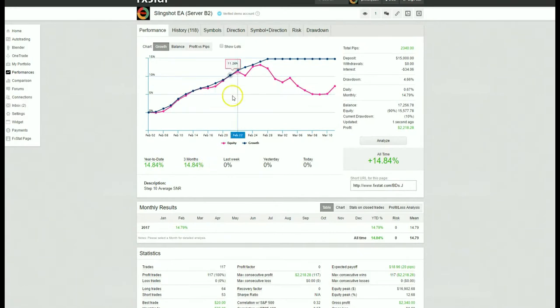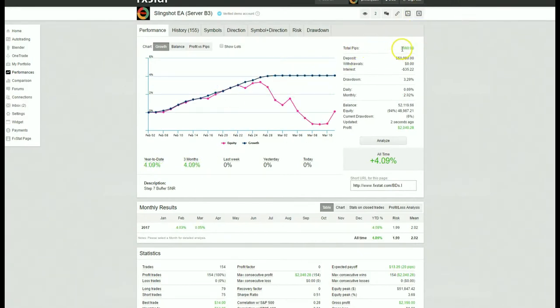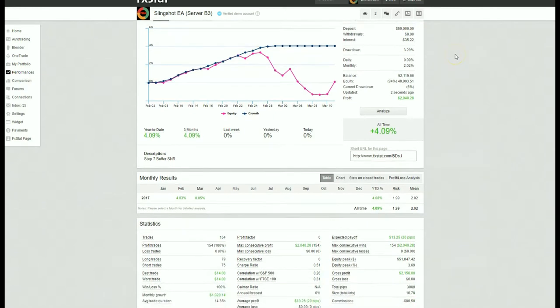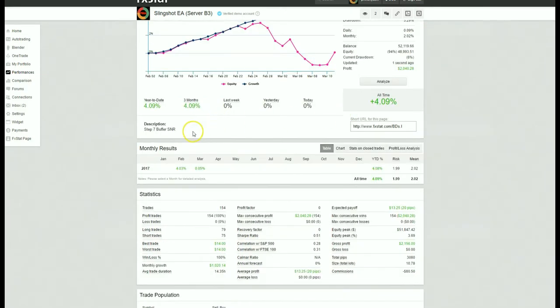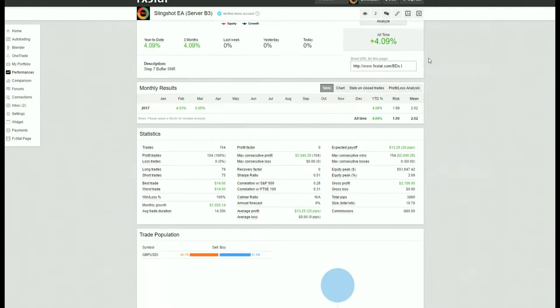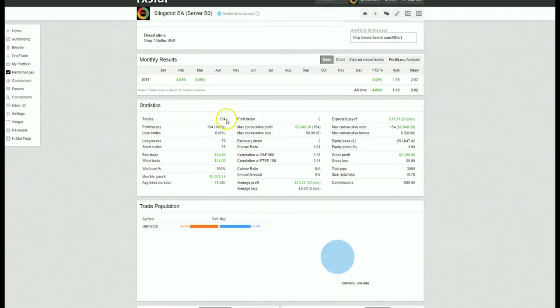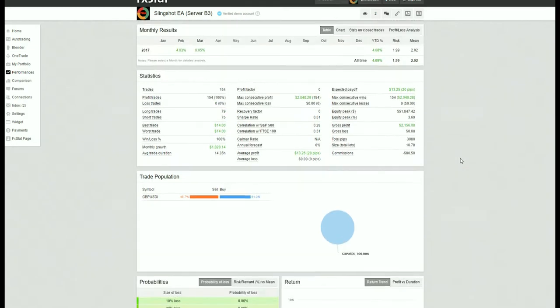And as we take a look at server B3, we can see that this has gotten a little over 3,000 pips, and we have a step 7 buffer SNR. So far the gain is 4%. Drawdown is right around 6%, okay? And this has taken 154 trades, and still it's maintaining its 100% win ratio. All right, there is no probability of loss just yet.